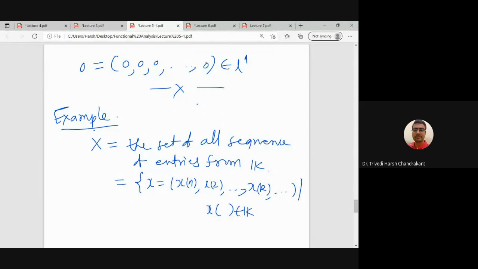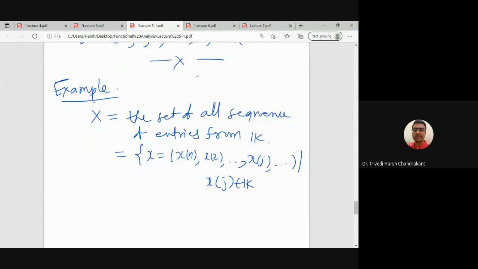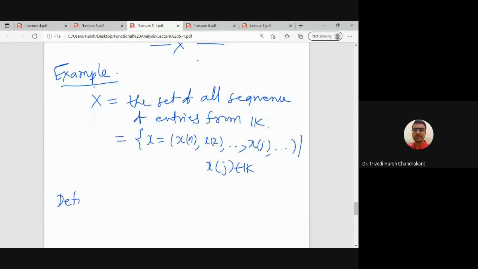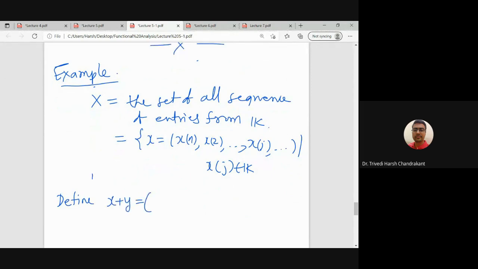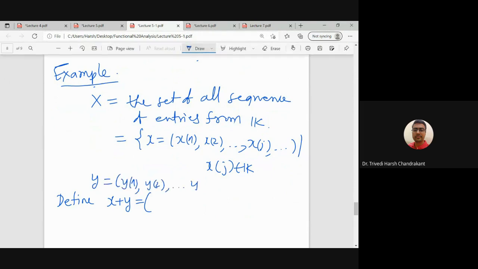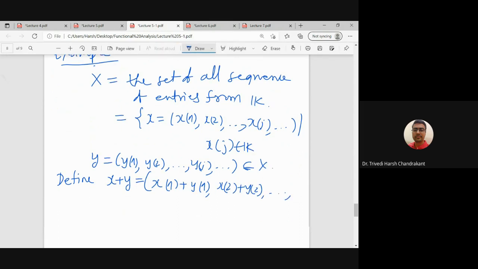And then we are defining x plus y. Here y we are taking as y1, y2, yj, and so on, belonging to X. So x plus y is x1 plus y1, x2 plus y2, and so on.